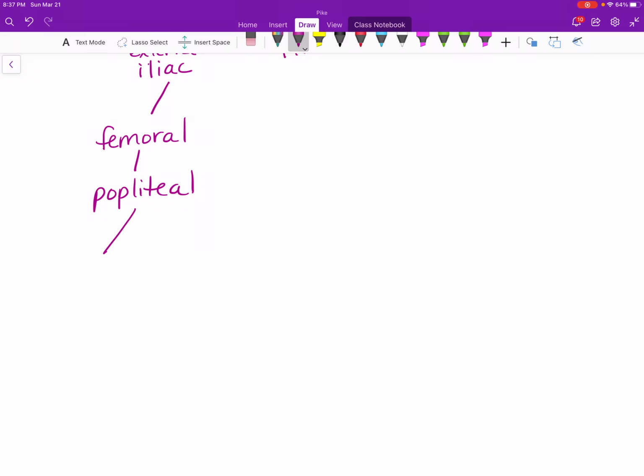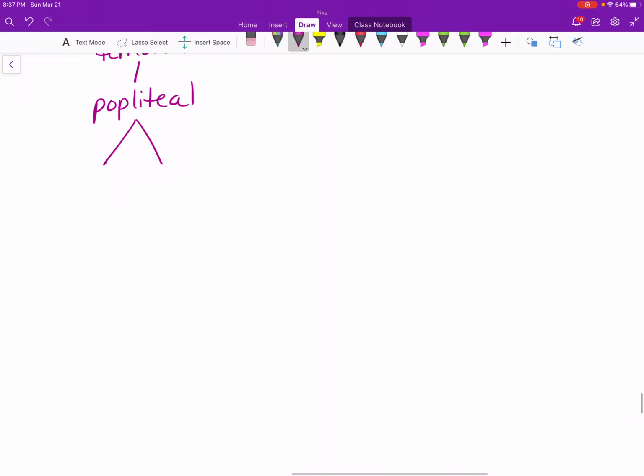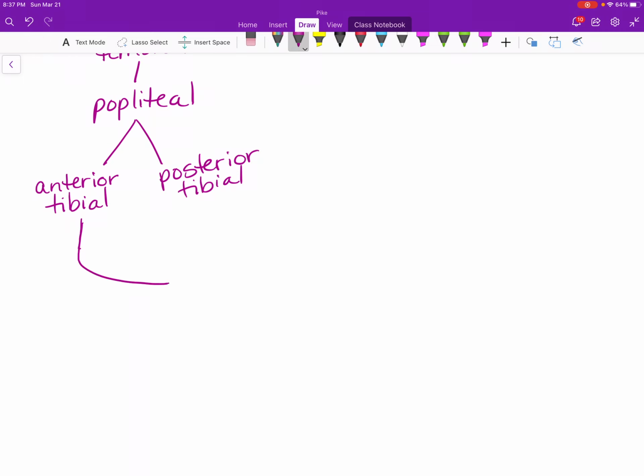And so let's branch. Here we have the anterior tibial and the posterior tibial. And then this one is going to come around, and that is the dorsalis pedis.